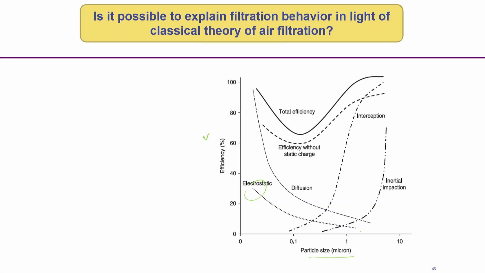So, that range is there. But through Brownian diffusion only we can achieve very high filtration efficiency. So, 4 mechanisms we have discussed, and now we can see the plot.